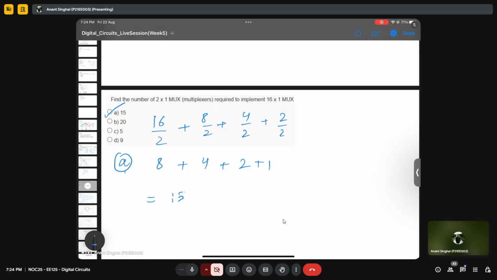So let me ask you quickly. Let's say I'm asking how many 4 cross 1 muxes are required to make a 32 cross 1 mux. Quickly let me know the answer.